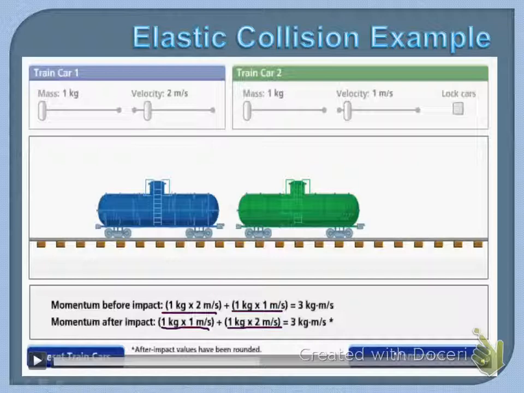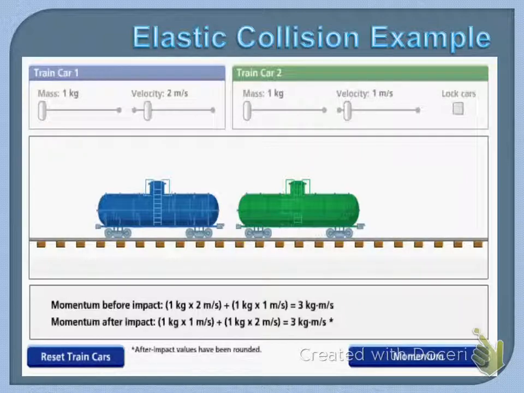Okay, so we have a transfer of momentum from the blue to the green train car. However, the total momentum does stay the same. It's 3 kilograms before, it's 3 kilograms after. Although now the green train car carries more of the momentum than it had before the collision.